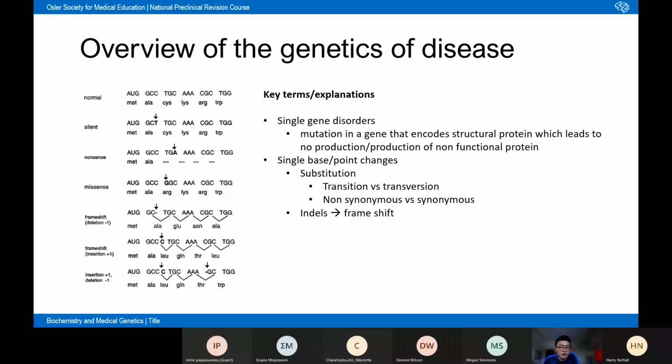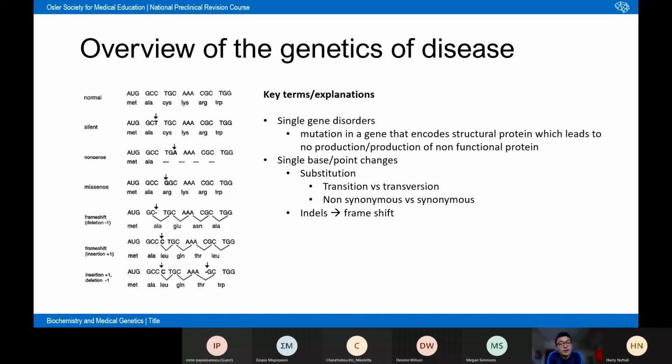A lot of these single gene disorders are associated with single base changes, otherwise known as point mutations. And we'll use this graphic, this cartoon or image on the left, to help talk us through.